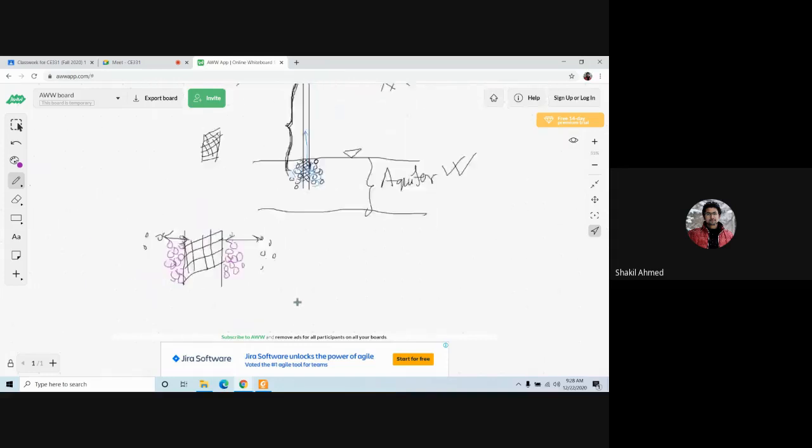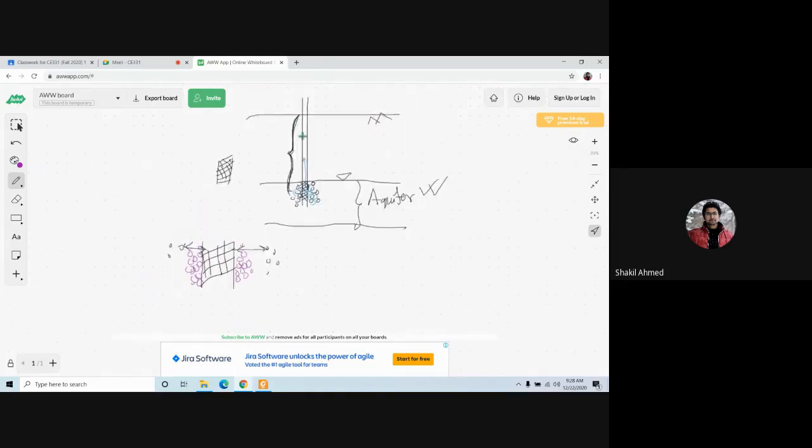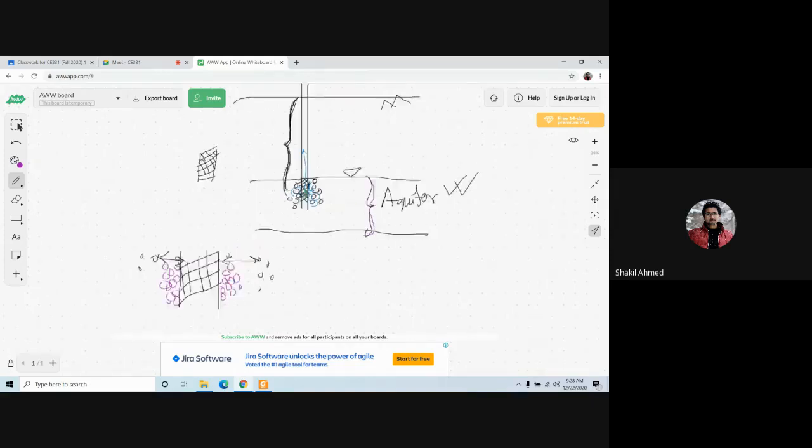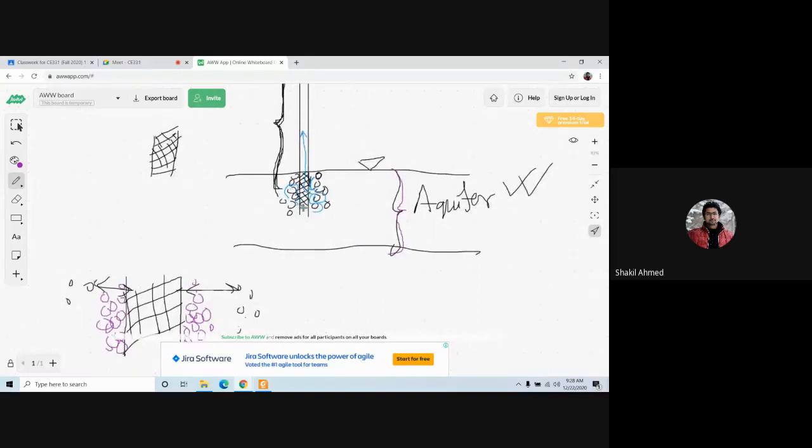So what we will do here is we will go step by step. First of all, we will see how to identify the location of the aquifer, and then we will design the size of the screen.